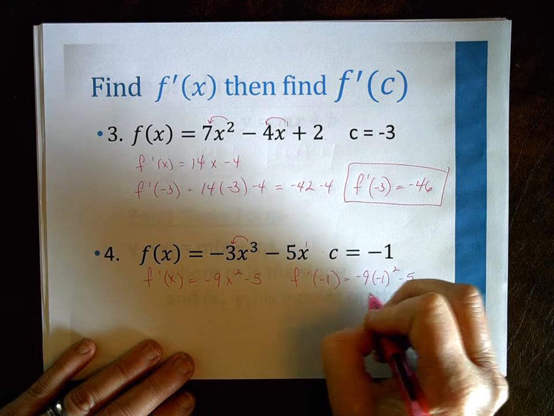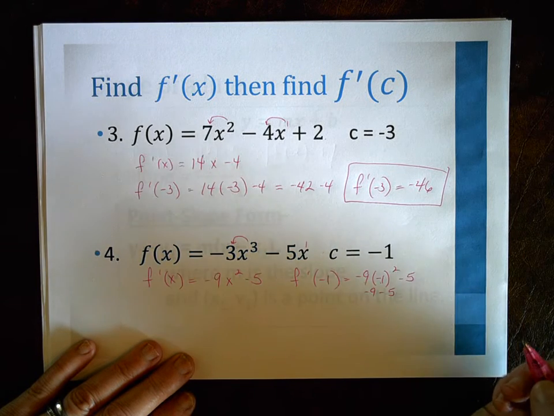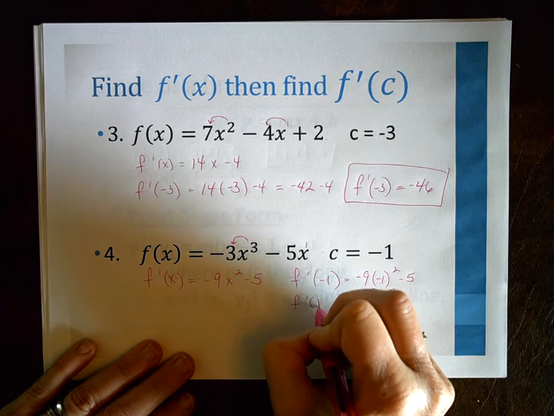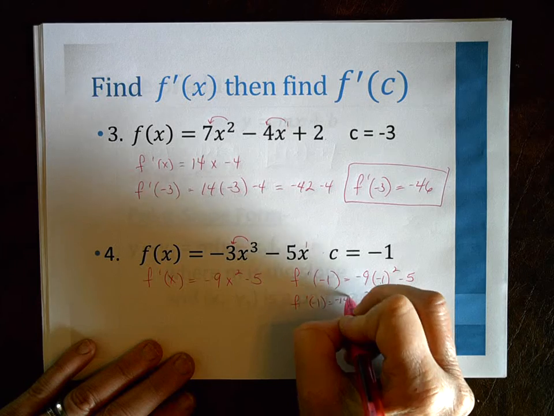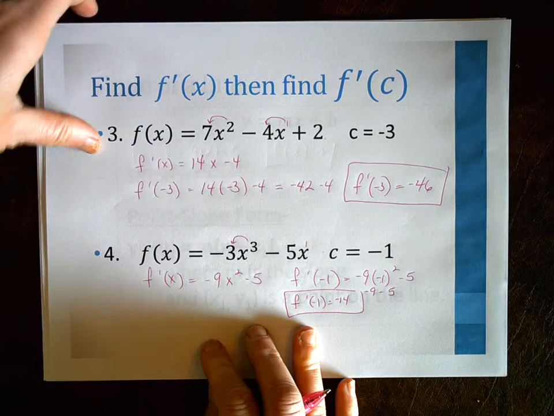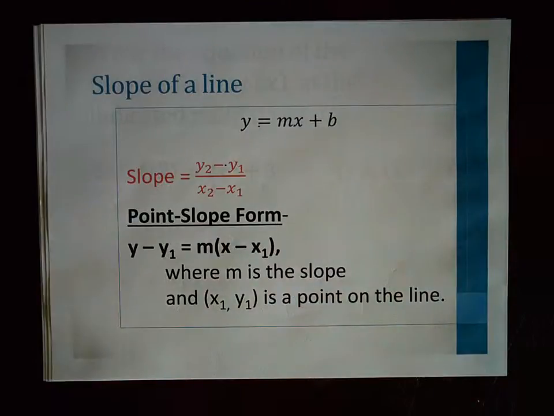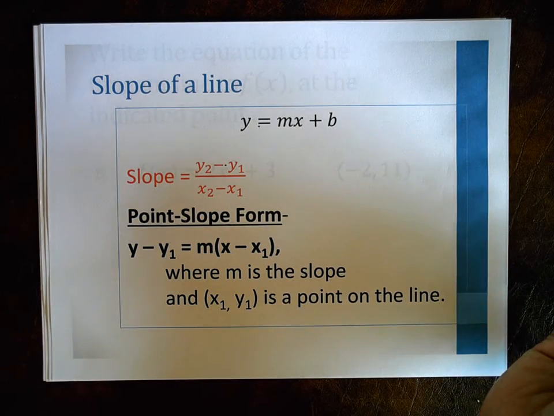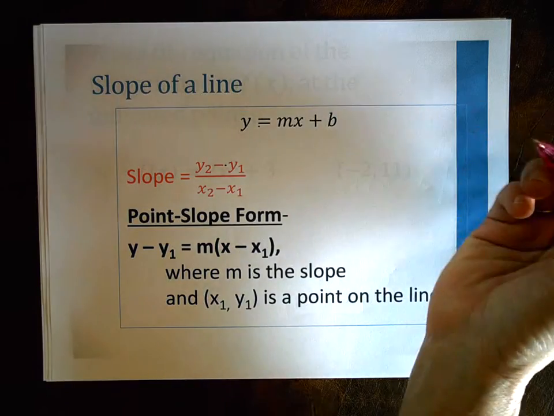That's positive 1 times 9, -9, -5, would give you a total of -14. Super easy.